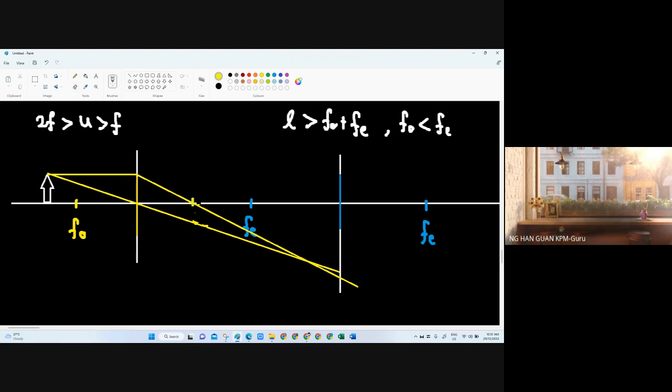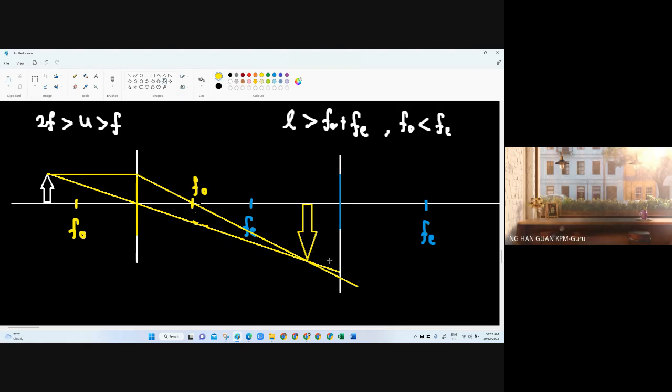Then our FO is here. Then our first image is forming here. This is our first image.